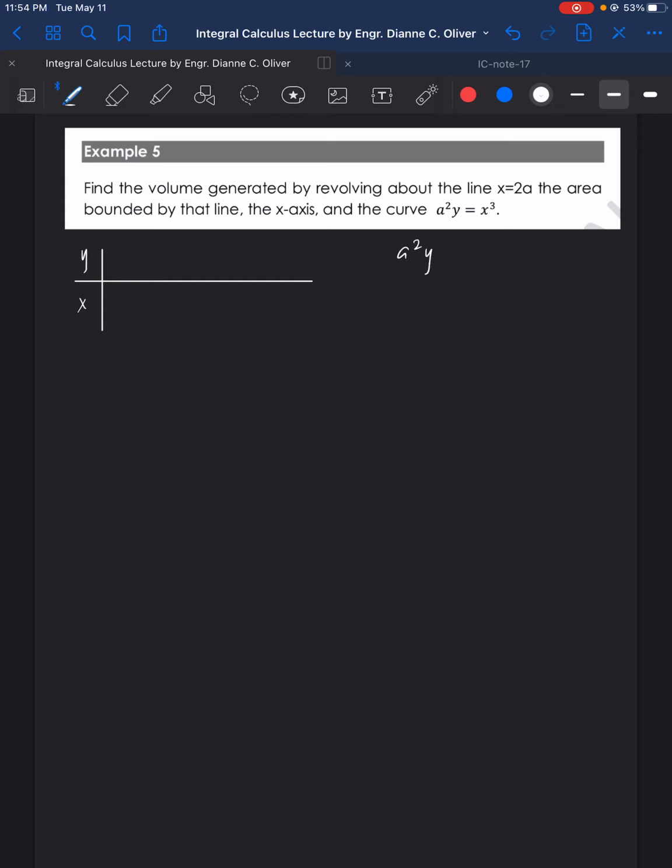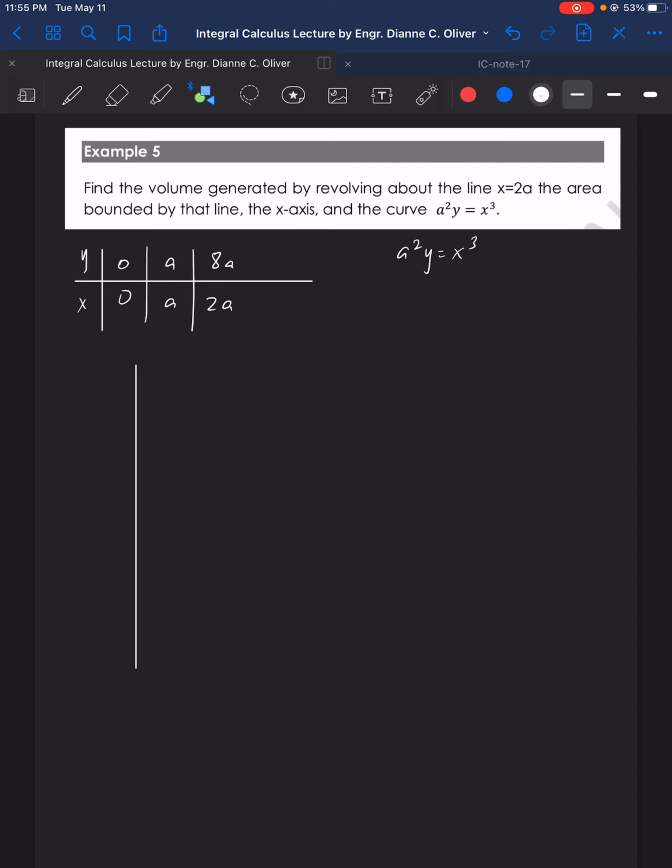If y is equal to 0, then x is equal to 0. If x is equal to a, y is equal to a. If x is equal to 2a, therefore y is equal to 8a. Okay, so let's sketch the curve.